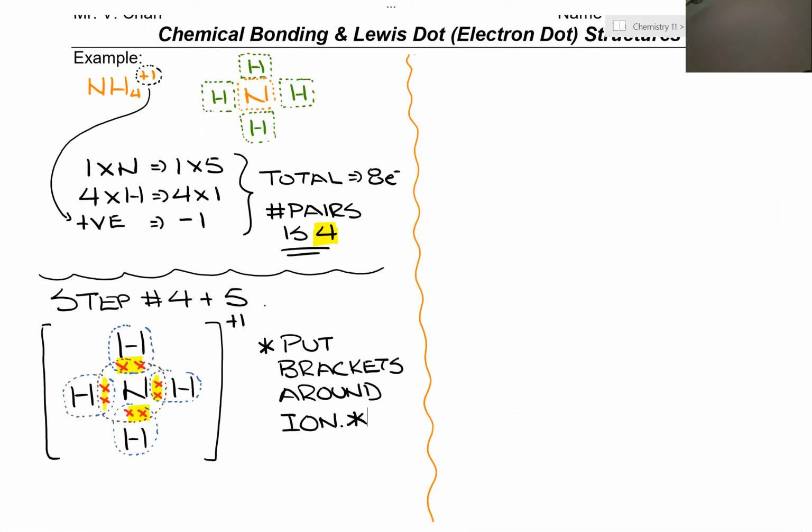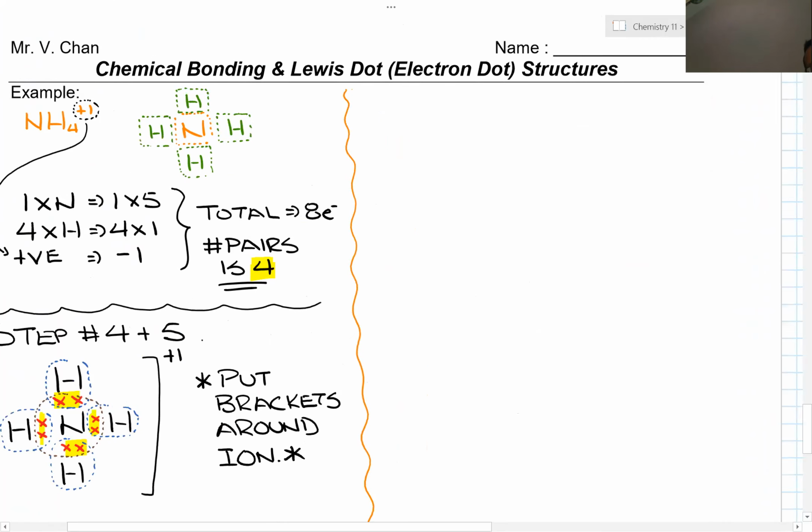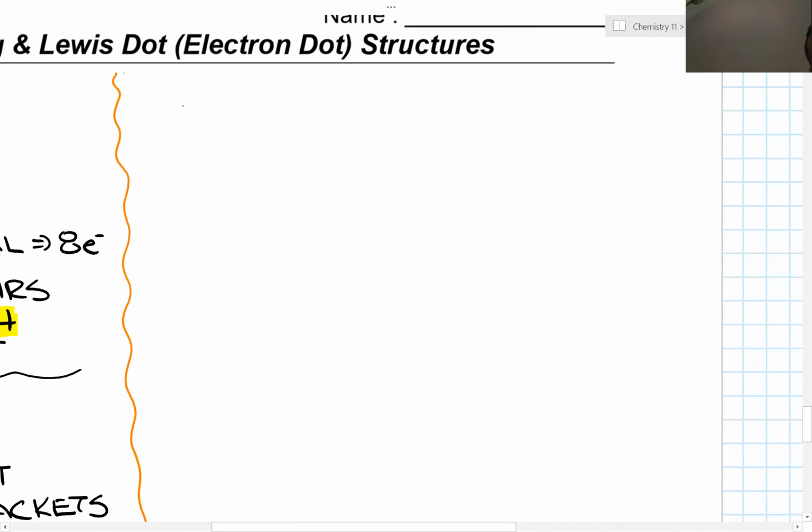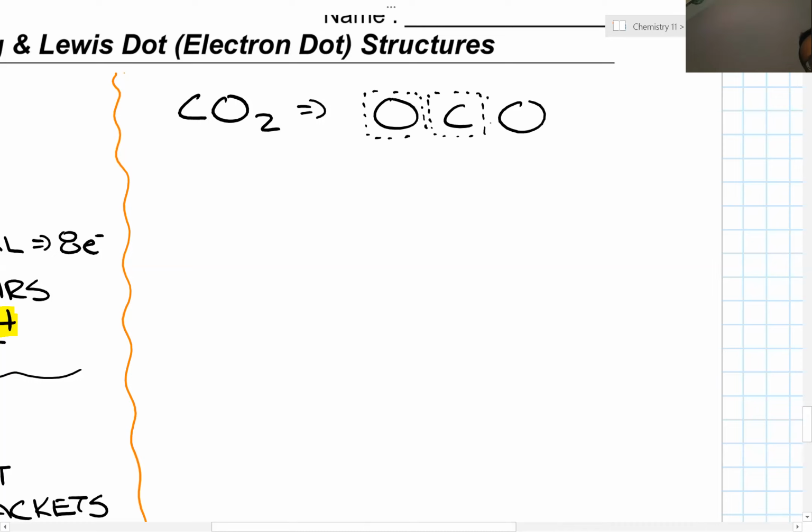Now, what we're going to do is I want to do CO2. Let's try CO2. If we do steps 1, 2, 3, it should look something like this: O, C, O. I'm just doing it really quickly here.